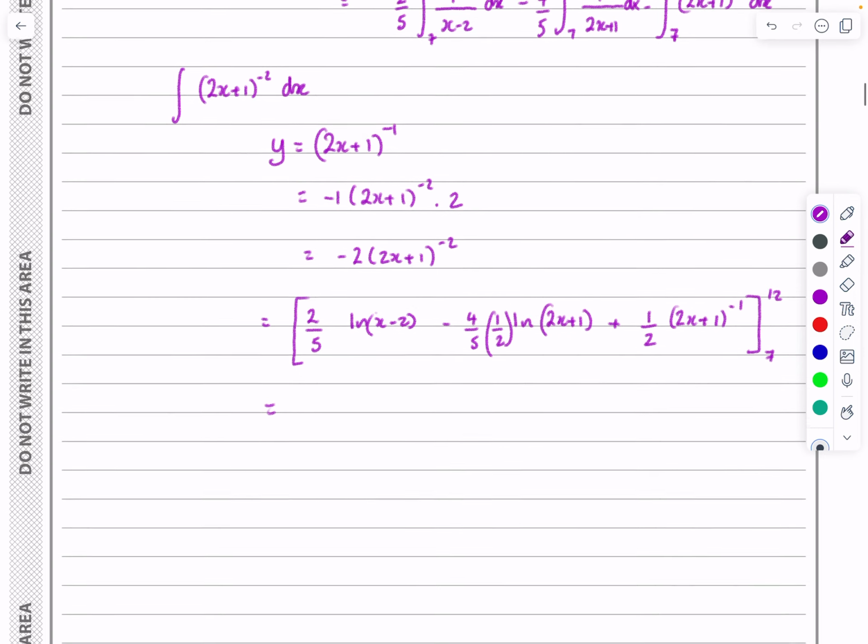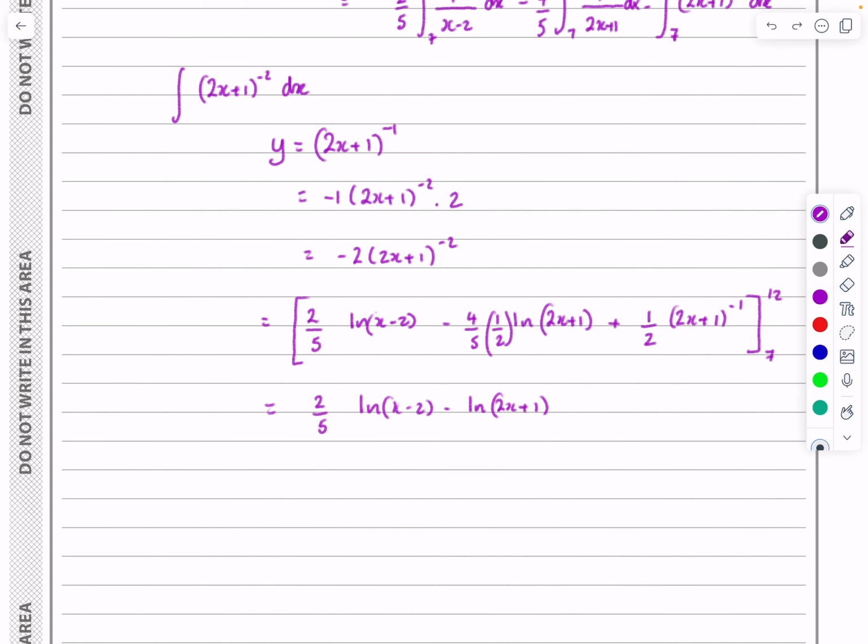I still haven't finished, so if I want to tidy this up now, if I take 2/5 out as a factor for this first part here, I'll get left with log x minus 2 minus log 2x plus 1. Remember that's going to work out to be 2/5, that part there.